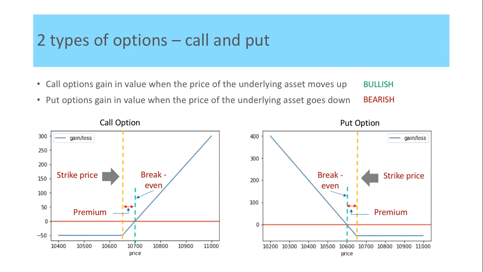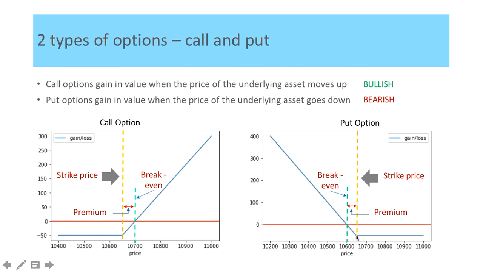Now let's consider a put option. Again, we take Nifty at a strike price of 10,650, which is here, and a premium of 50. Remember, put options gain in value when the price falls below the strike price. So this option will start making profit when the price falls below the strike price, which is from here. But as a buyer of this put option, I've also paid a premium of 50 to purchase.